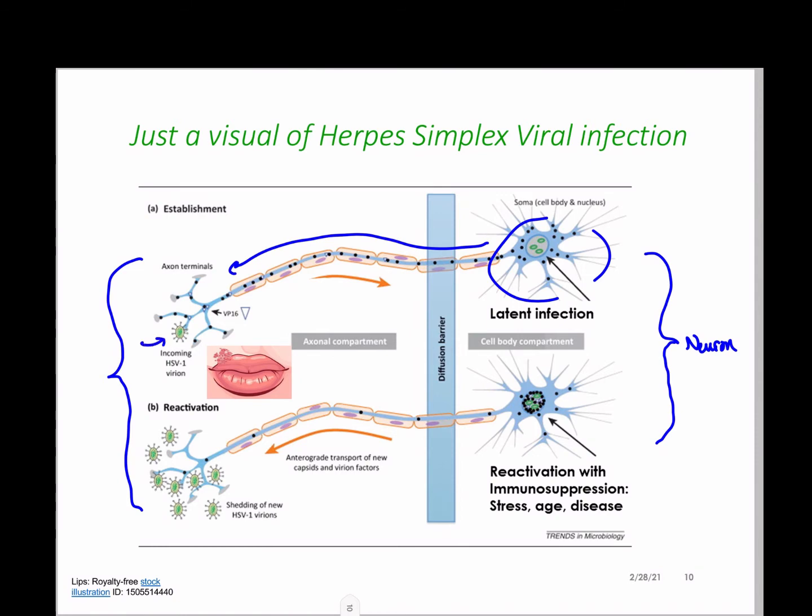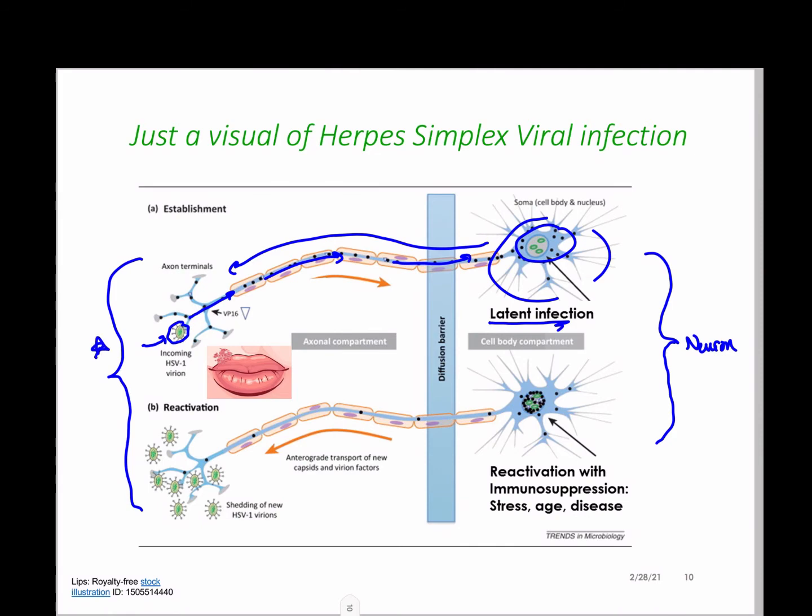And when an infection occurs, that virus actually enters the axon of that neuron. So that's really different from what we're used to seeing when we're looking at viruses entering through the cell body of their host cells. So here it's entering the axon. It's actually physically traveling up through the axon into the cell body. And at that point, it can integrate its DNA and produce a latent infection.